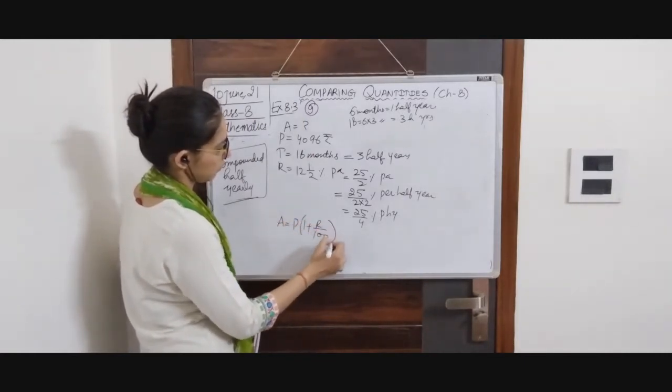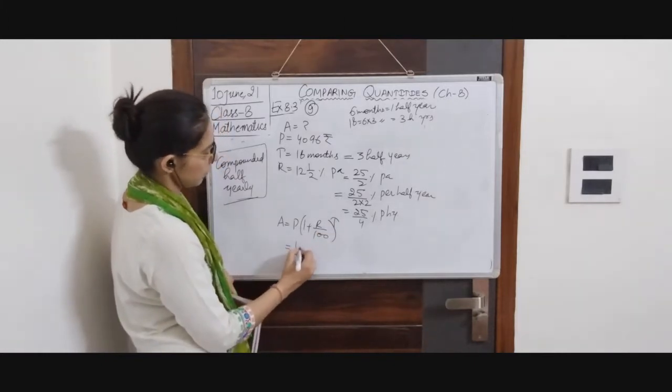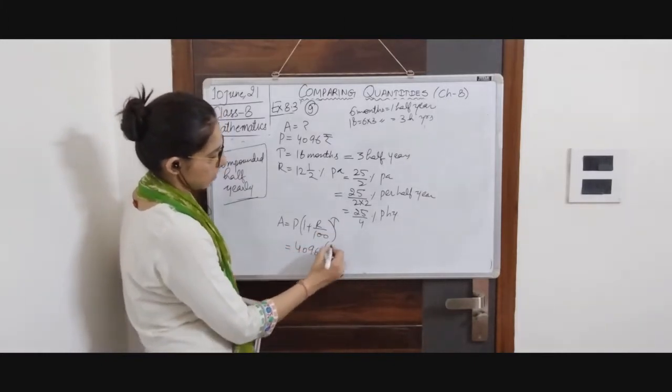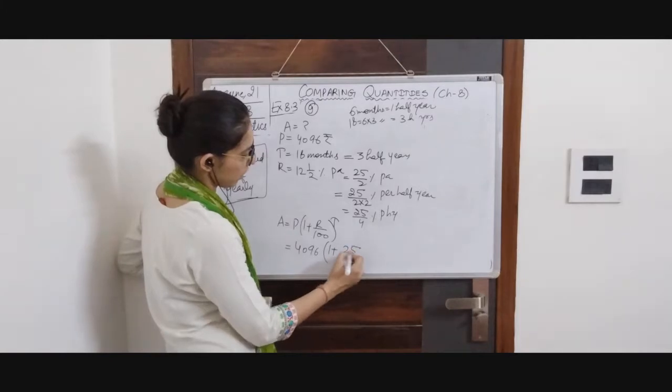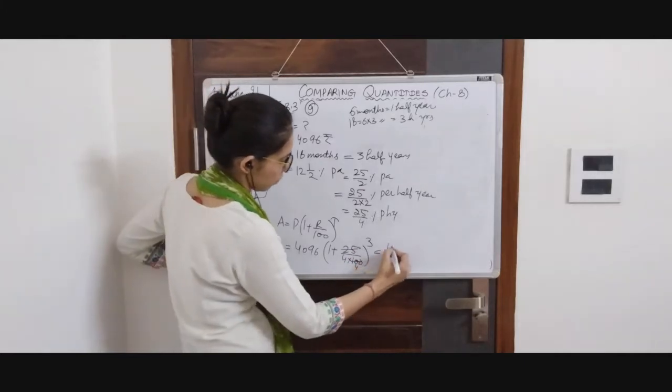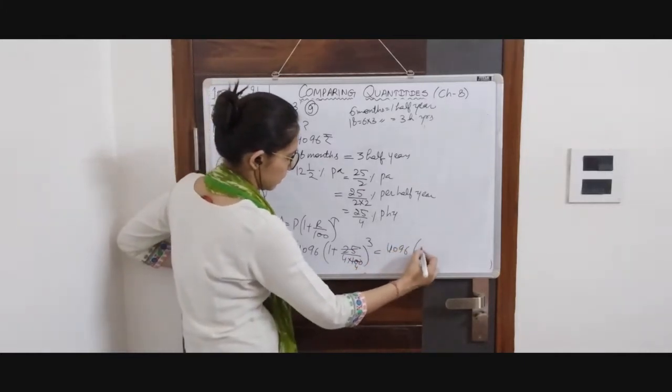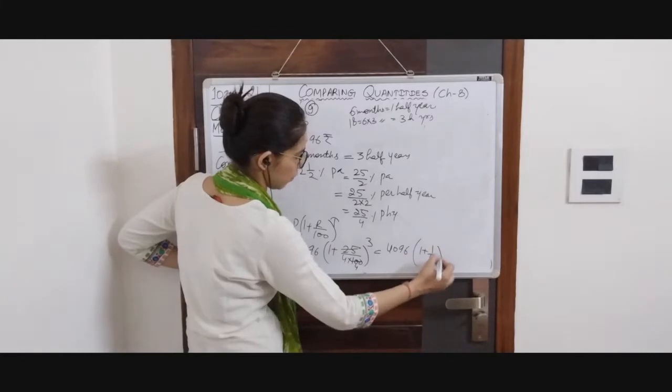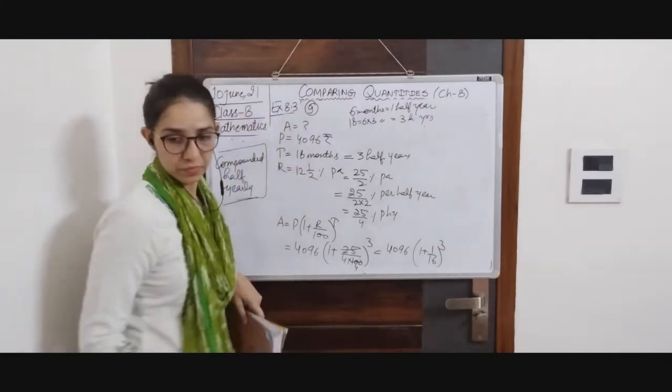Now to calculate the amount, A will be P into 1 plus R by 100 to the power T. P is 4096. 1 plus 25 by 4 into 100 to the power 3. 25 4s, it will be equal to 4096 into 1 plus 1 by 16 to the power 3.